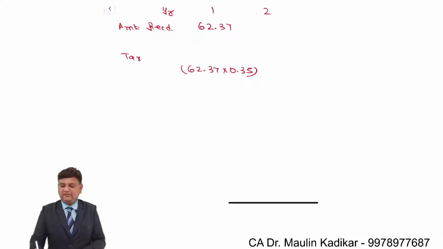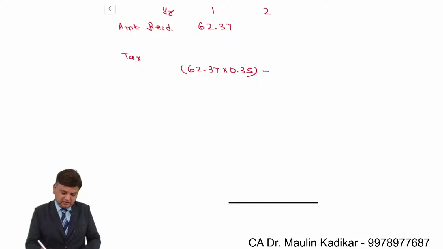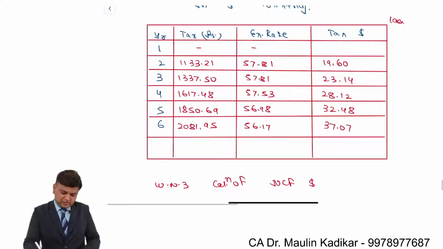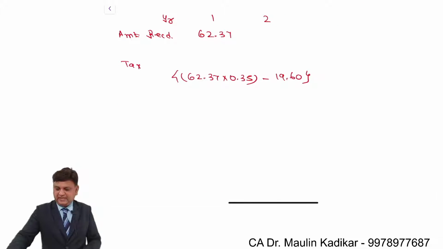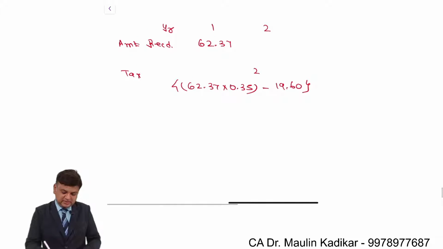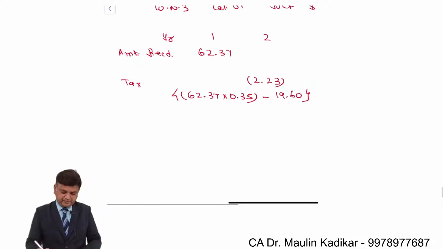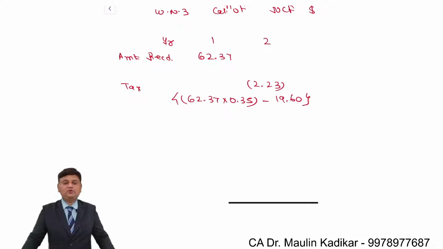That is 21.83. However, you already have paid tax over there 19.6 minus 19.6. So you have to pay 2.23 in the second year. And so on. So you are required to show the payment of tax.